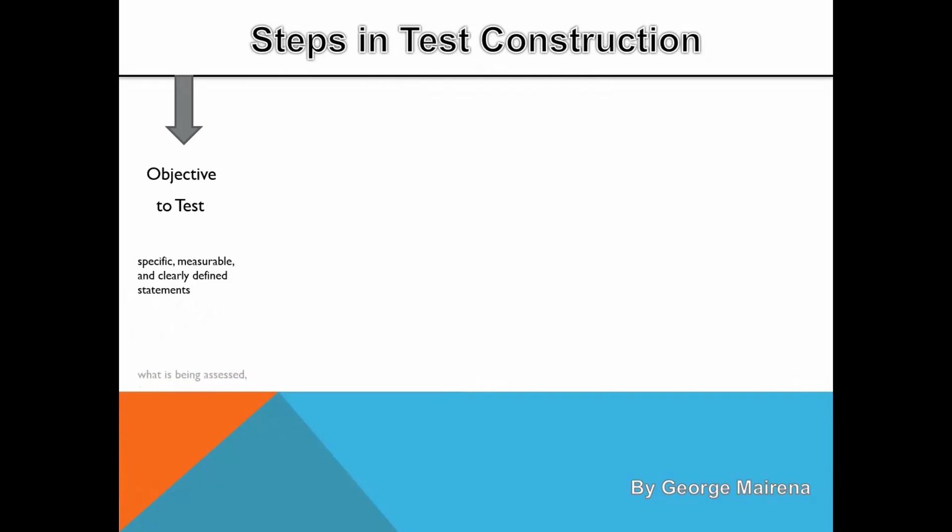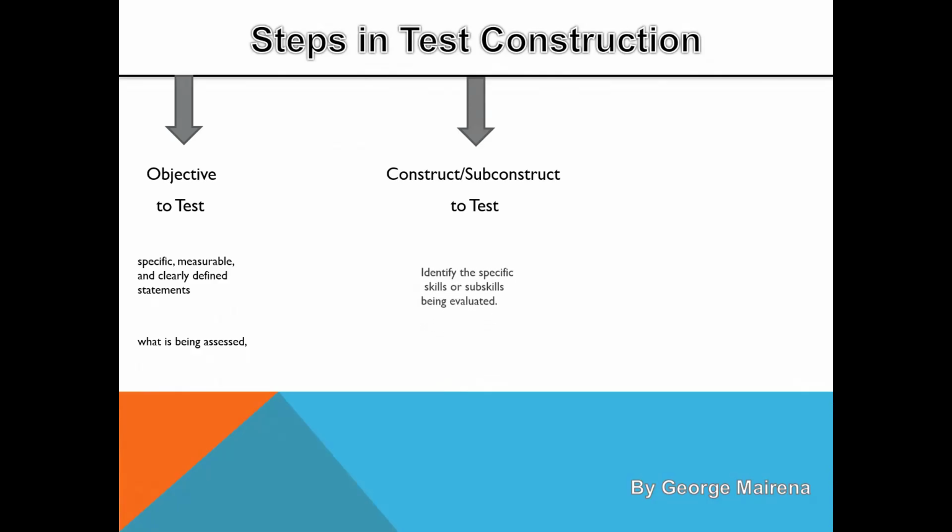Another step that we have is the construct or subconstruct to test. Here we need to identify the skills or sub-skills being evaluated. For example, if you have reading comprehension, what do you think is the sub-skill that you can evaluate there?